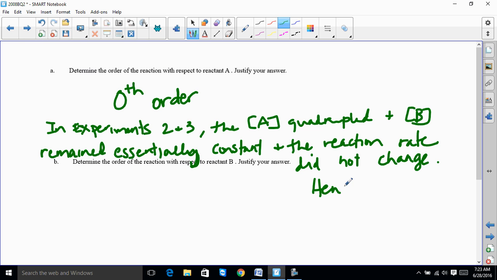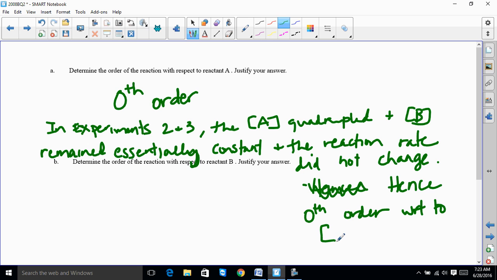Hence, 0th order with respect to the concentration of A.